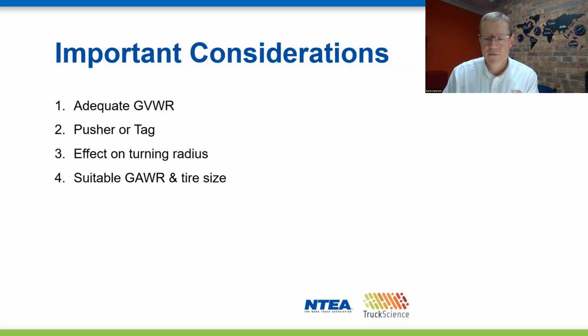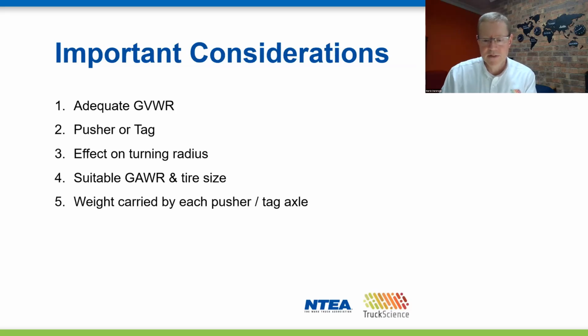Your choice will be driven by the application and regulations under which the vehicle will operate. To get the optimum balance of weight over all the axles, you should test a few scenarios to work out how much weight each pusher or tag axle needs to carry and how to set up the air pressure in the suspension to achieve the required weight.